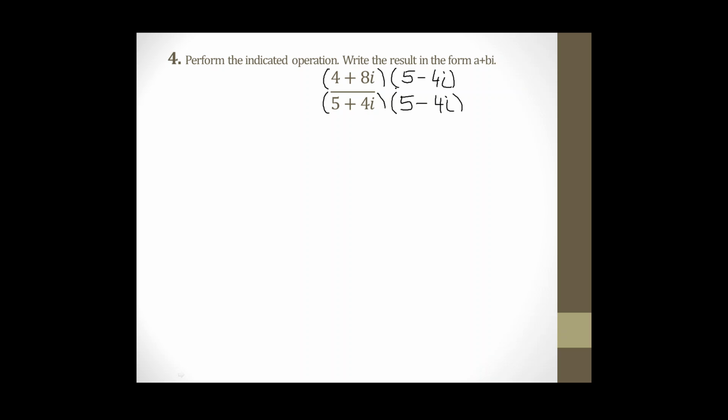And that leaves us basically with two foiling problems because this is multiplication. So FOIL the top, 4 times 5 is 20, and then 4 times negative 4i gives me negative 16i. 8i times 5 is positive 40i, and 8i times negative 4i is negative 32i squared. i times i squared.